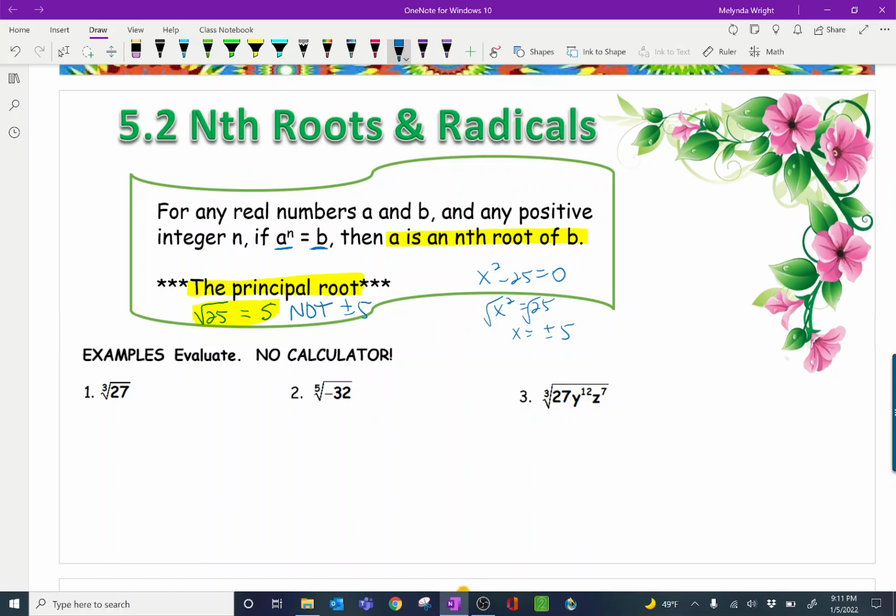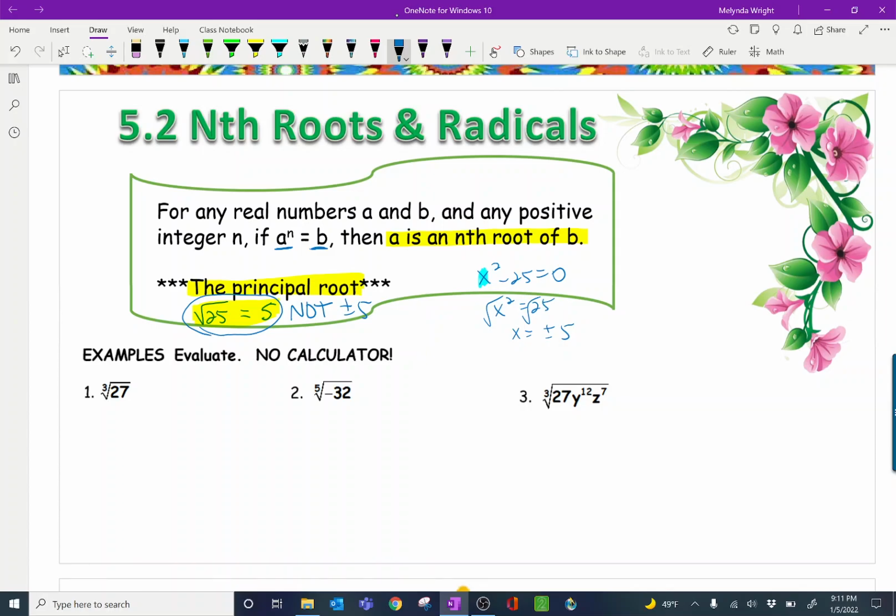Because I'm solving the equation. I want to know what x could be, what's possible for x to be to make that equation true. Since I'm squaring x, it could be plus or minus 5. That is not what we're doing here; the square root of 25 is 5. I just want to make that clear.